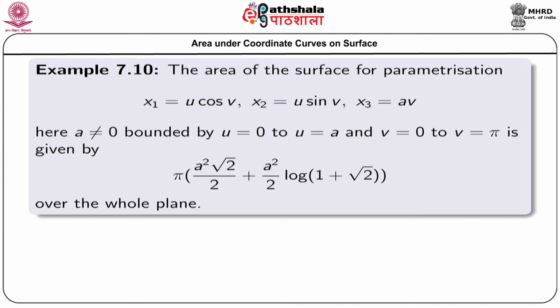That means, for a surface of helicoid, we are trying to find the area of the surface for the parametric curves bounded by the limits u equals 0 to u equals a and v equals 0 to v equals pi, and we have obtained that the area is pi a square root 2 by 2 plus a square by 2 log (1 plus root 2) square units. So, see how we are calculating this one.